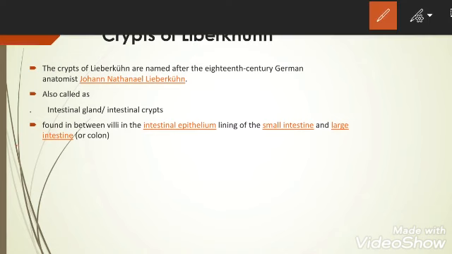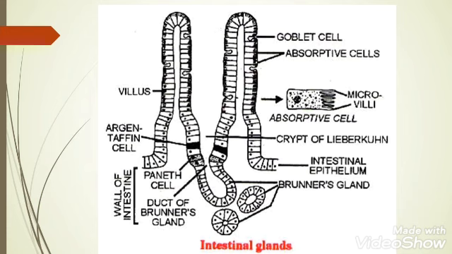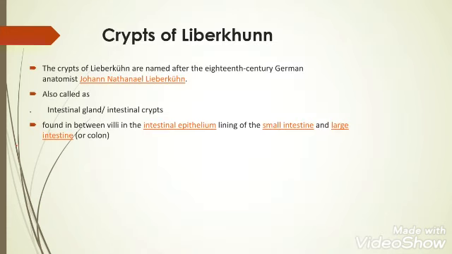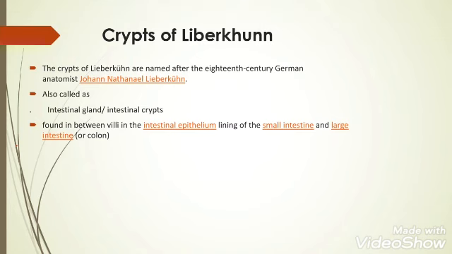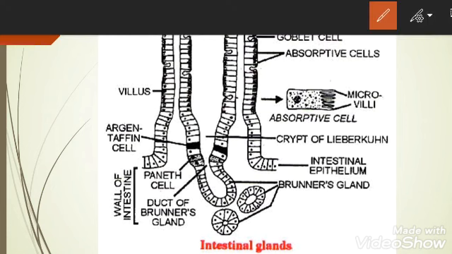When we go to the further slide, this particular organ is exactly located over here. These both are the villi, and in between these two villi you find the crypts of Lieberkühn.